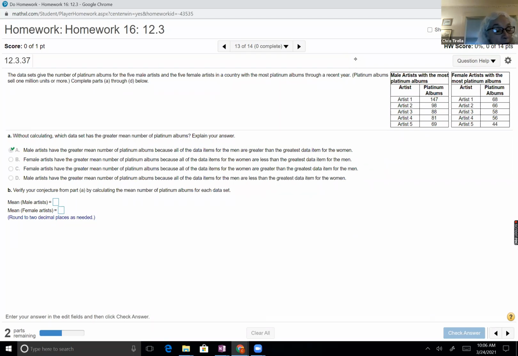And so did you go ahead and find the average for each of them? Yeah. For the men, the 147 plus the 98 plus the 88 plus the 81 plus the 69 add up to 483. And then we divide it by 5, right? 483 divided by 5, that mean is 96.6.